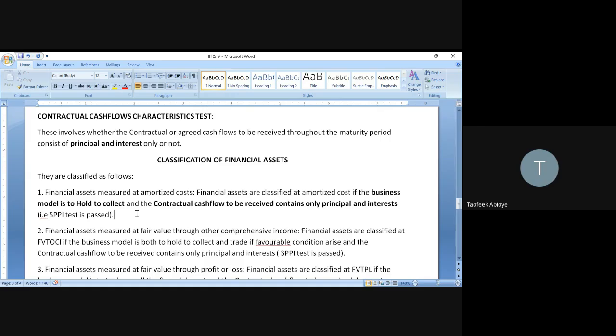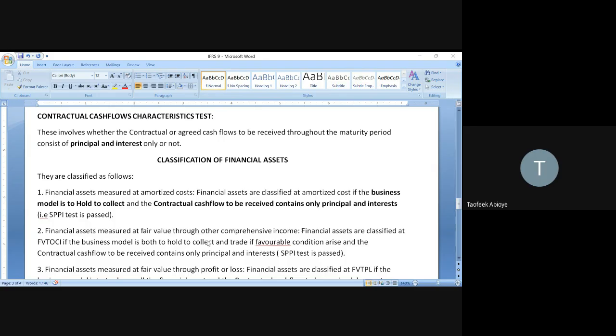Is that noted, Abi? Whenever these two things happen, that financial asset must be measured at amortized cost. Now, number two, financial asset measured at fair value through OCI. A financial asset is classified at fair value through OCI if the business model is to hold to collect and trade if favorable condition arises, and the contractual cash flow test is passed.